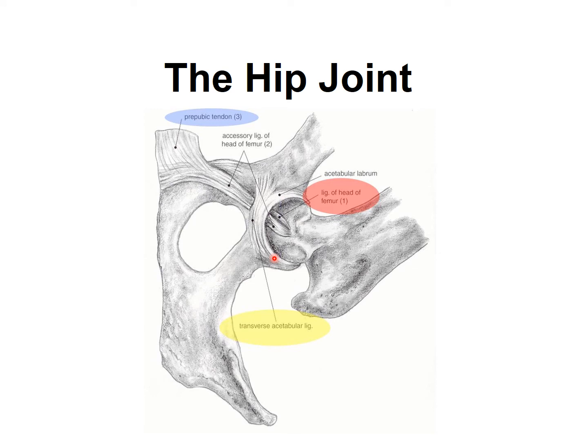First, you have the accessory ligament coming from the prepubic tendon of the abdominal muscles. If you remember the abdominal wall, the accessory ligament of the head of the femur comes from the prepubic tendon of the abdomen and inserts on the fovea of the head of the femur, right here.